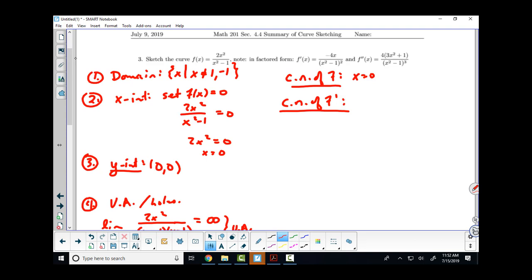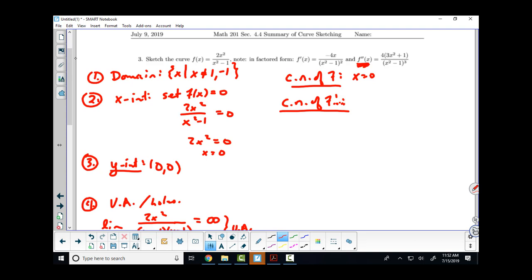To identify the critical numbers of a function, whatever it is, you look at its derivative. So to identify the critical numbers of f prime, I'm going to look at the second derivative, right? So when I'm looking for the critical numbers of f prime, I'm looking at this second derivative here.